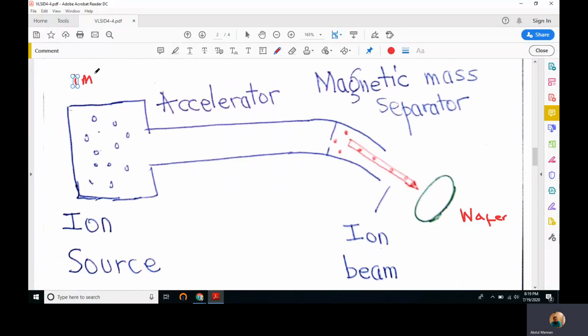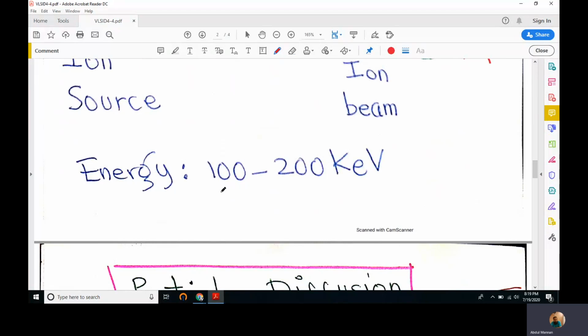Impurity ions are heated in a chamber until they achieve an energy around 100 to 200 kilo electron volts, right?